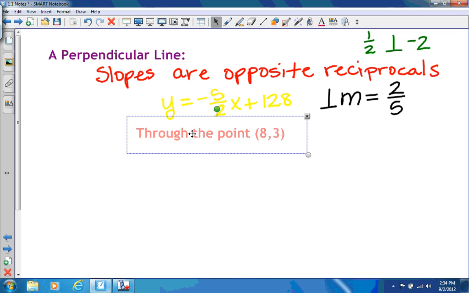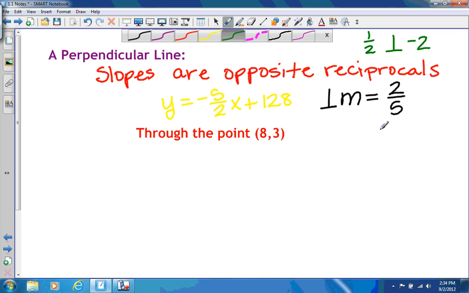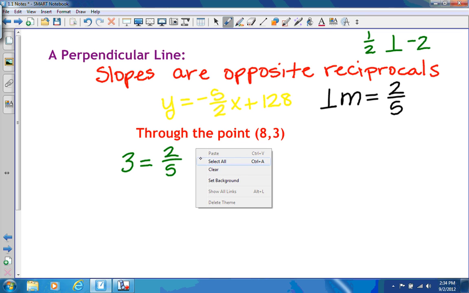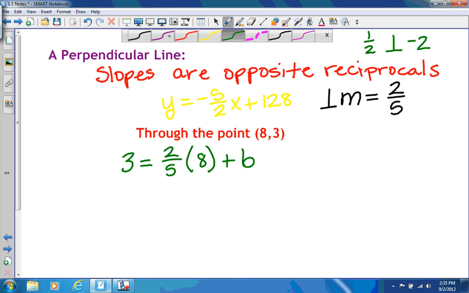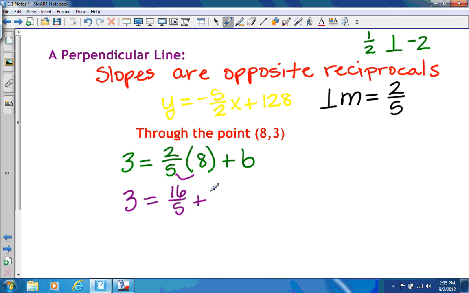And so if we were going to go through the point (8, 3) again, this time we'll use slope-intercept form. We would have 3 equals 2/5 times 8 plus b. Distributing the 2/5 would get you 3 equals 16/5 plus b.